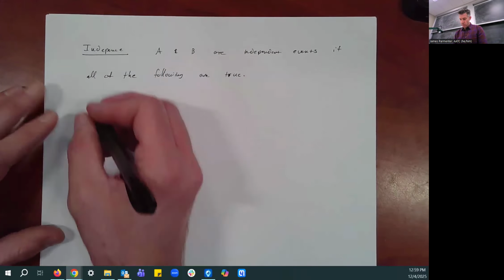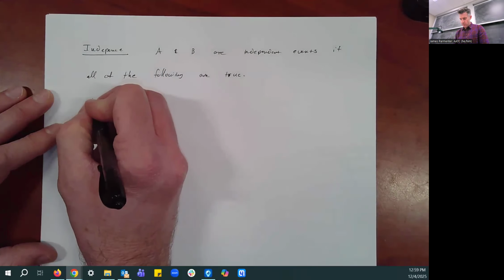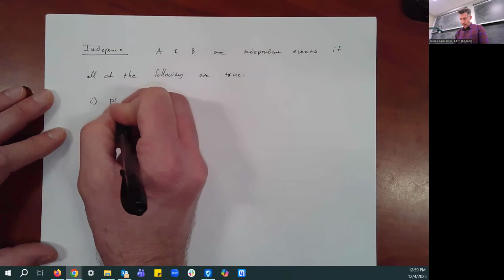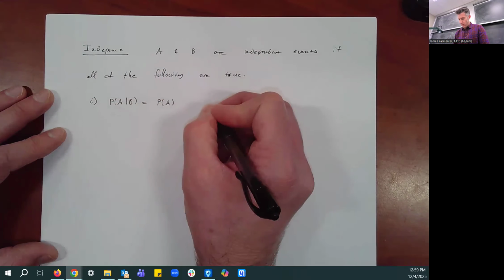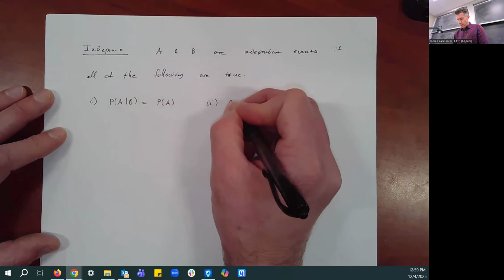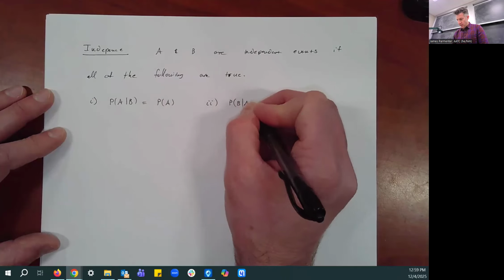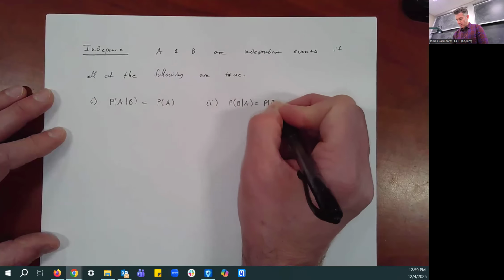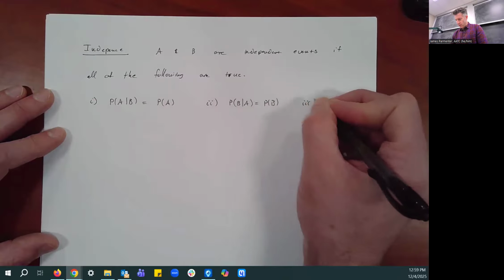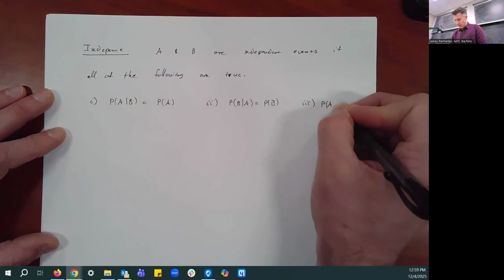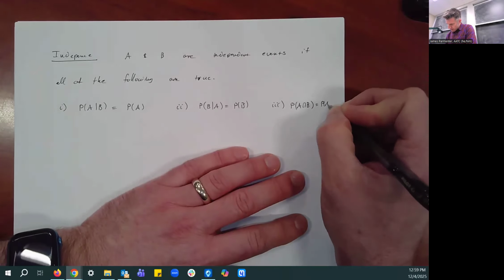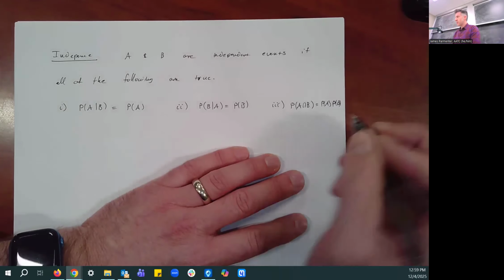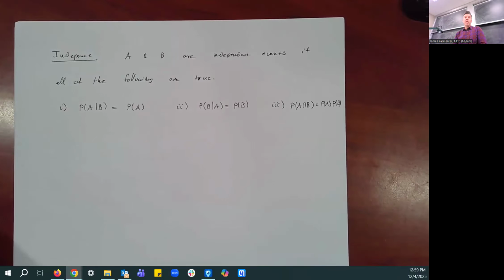So either one, the probability of A given B is equal to the probability of A, or two, the probability of B given A is equal to the probability of B, or three, the probability of A intersect B is the probability of A times the probability of B. All three of these things are the same, just different versions of the same formula.